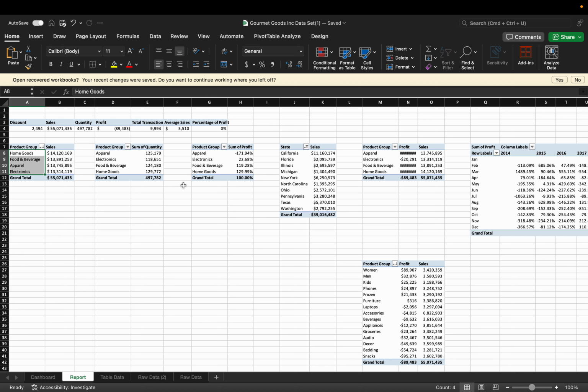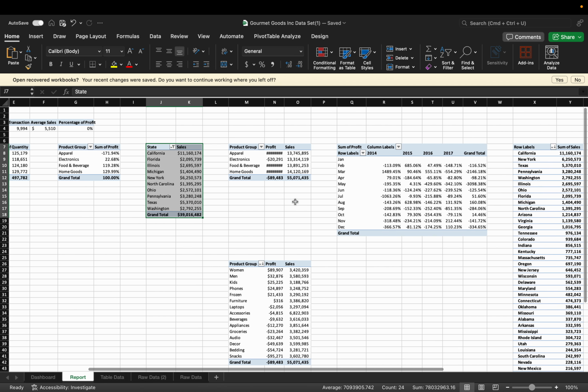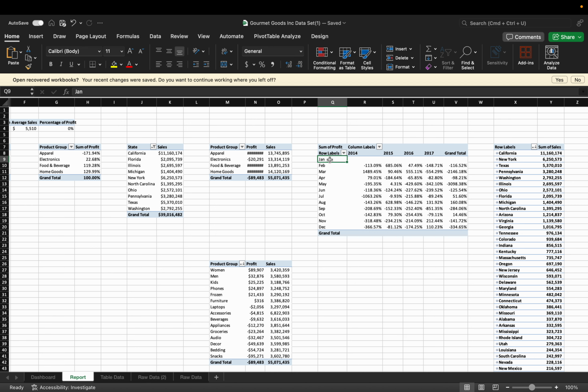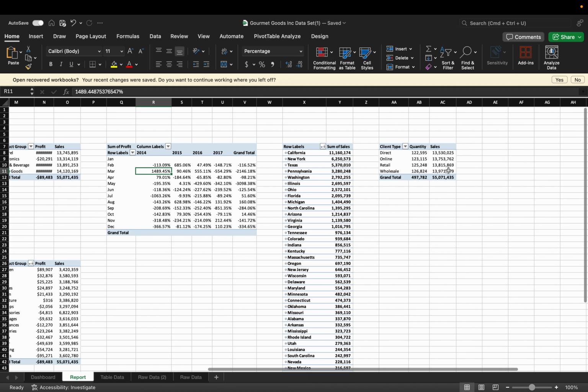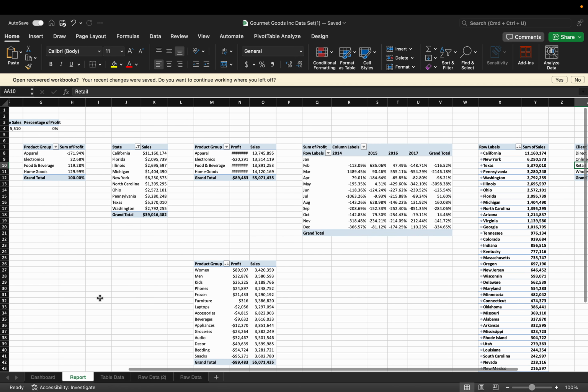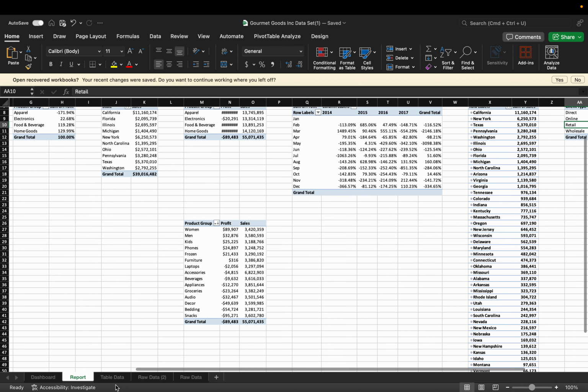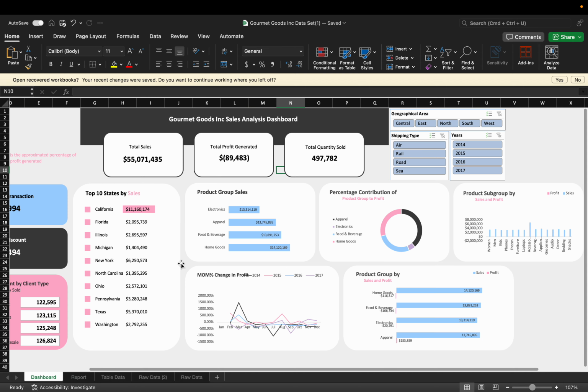For example, we can see the top 10 states by sales, the month on month change in terms of the profits for each month for each of the years, and the quantity sold and sales for each client type. This report tab is where we're pulling all of that from.